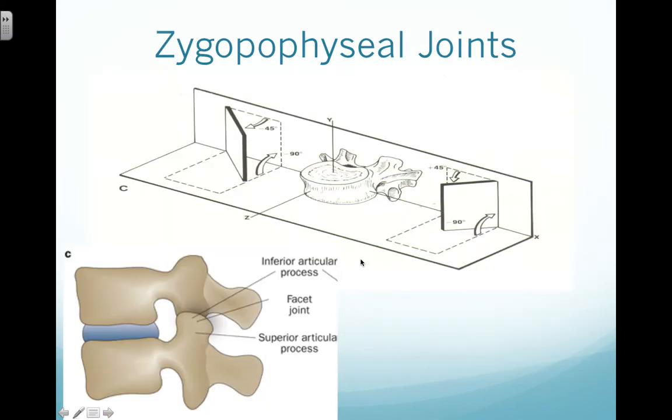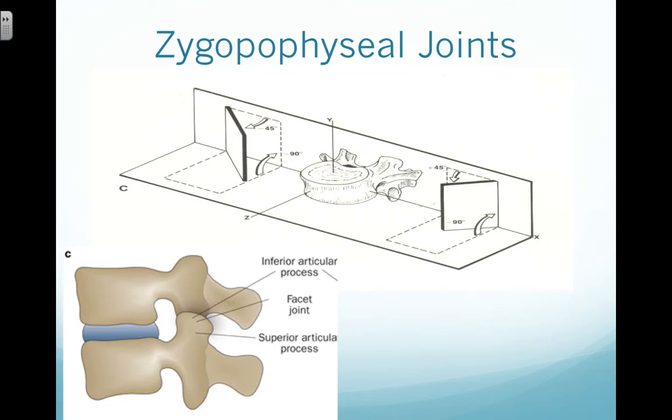Okay, so let's just talk quickly about those zygapophyseal joints or our facet joints. We can use those interchangeably. There's a unique orientation and design of L5, and instead of being shaped like L1 through L4 in that circular orientation, it's really wedge shaped, and even the disc is wedge shaped.